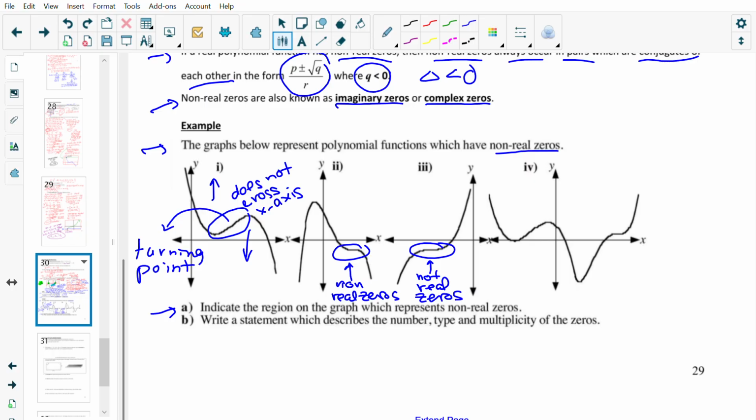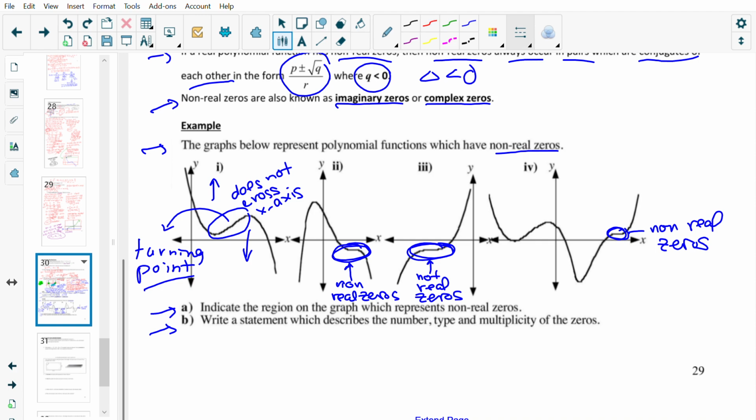Non-real zeros. Okay, and this one, whoa, lots going on here. Turning point right there. Non-real zeros. And again, look, turning point, have not crossed the x-axis.